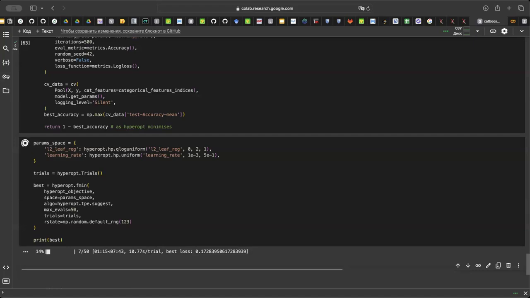So as it is training and optimizing, let's discuss the learning rate. What is it, and why is it so important for all the gradient algorithms?